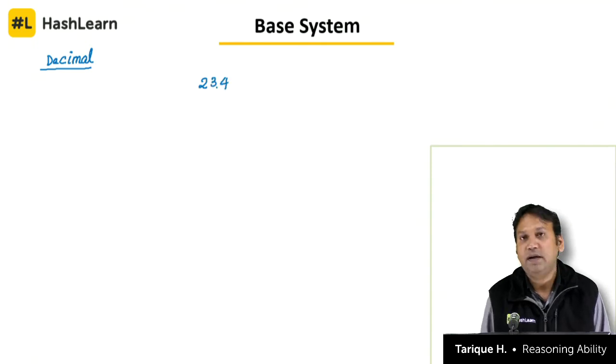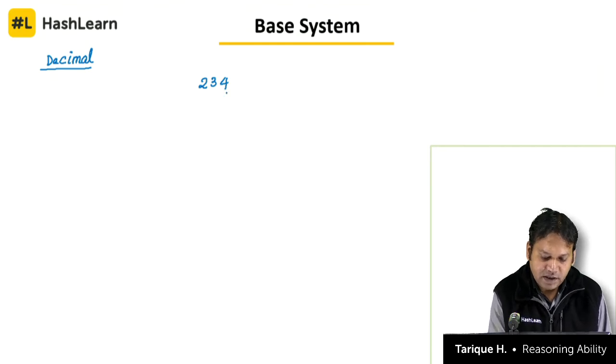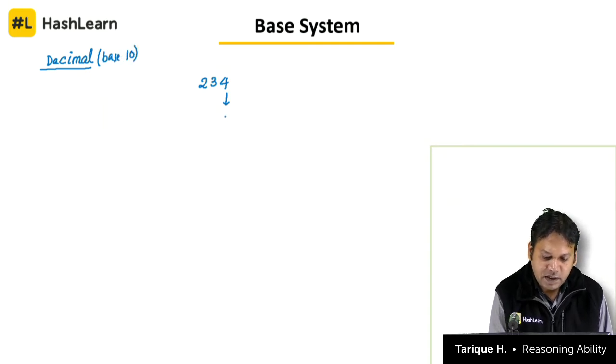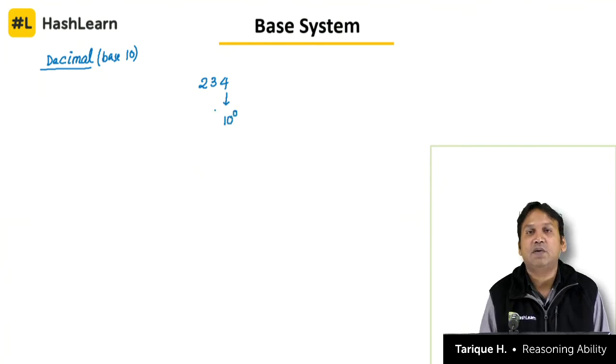So you have a number 234, clear? Let's take the number 234. Now the first digit here is 4, and in the decimal base system, remember this is base 10. So the first digit has a positional value of 10 power 0.